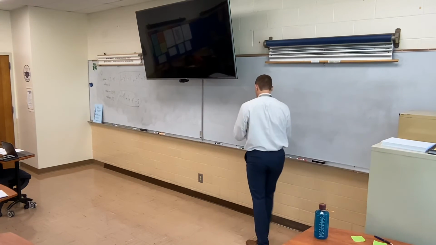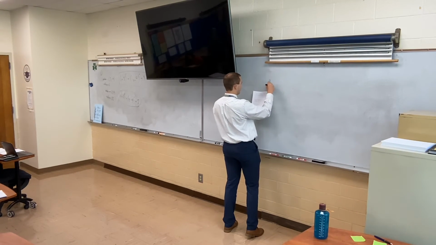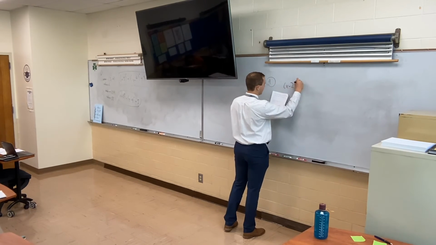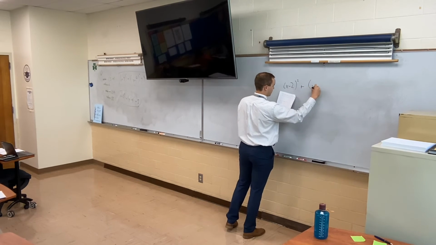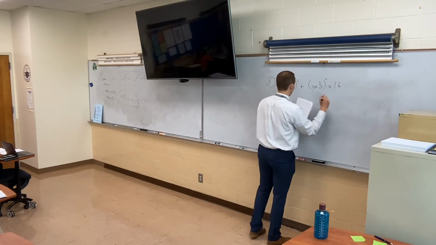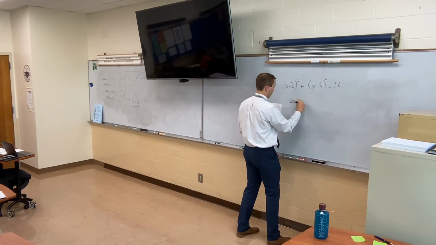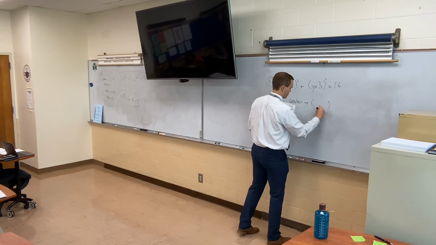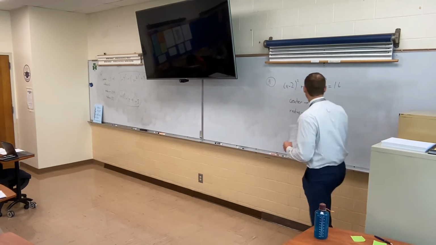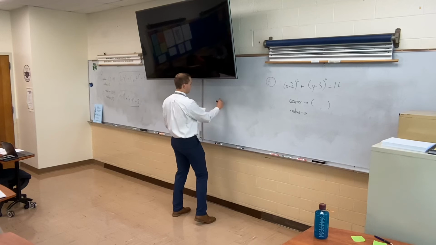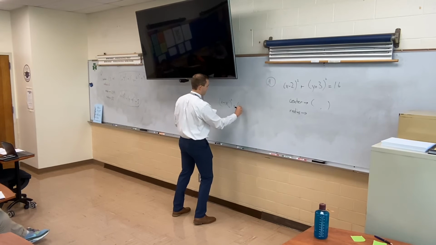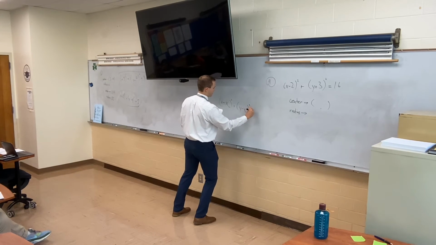All right, 9. Find the center and radius. So we're doing the same thing we just did, but backwards. Let's recall the equation of a circle is x minus x sub c squared plus y minus y sub c squared equals r squared.